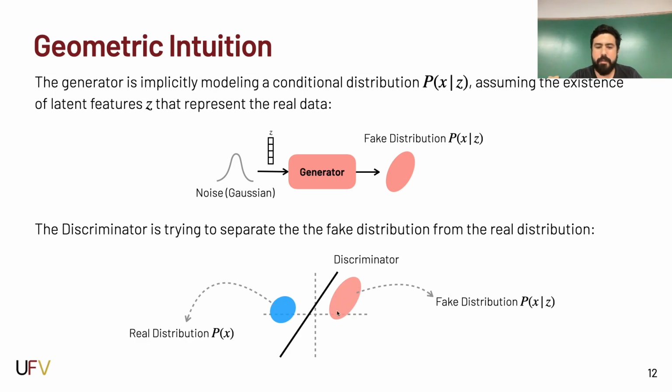Now I have this fake distribution that I'm modeling through my generator, this reddish area here, and I have my real distribution in blue. The discriminator is a classifier, so it's always trying to separate these two regions. And what I want is to get this fake distribution as close as possible to the real distribution over training.